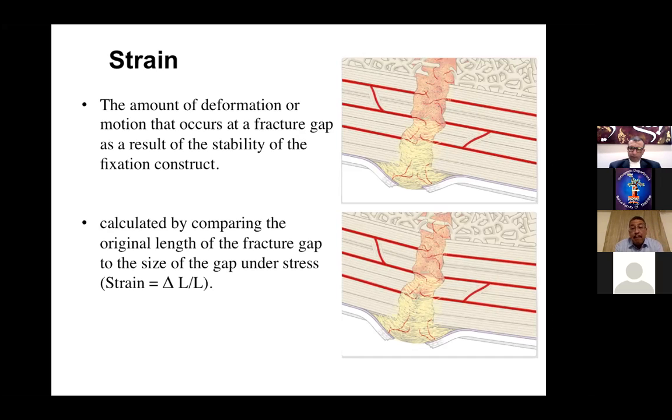If we have a gap of 20 millimeter, so we will have the amount of strain 2/20. So the larger the gap in the presence of the same load applied, the less strain we will have. The smaller the gap with the same amount of stress applied, the higher the strain we will have.